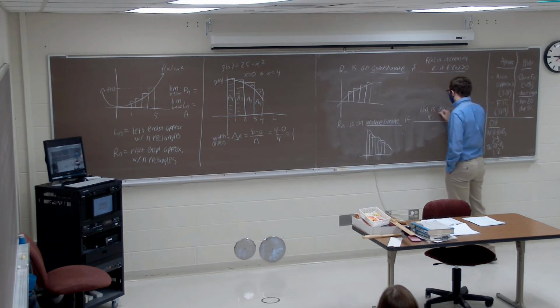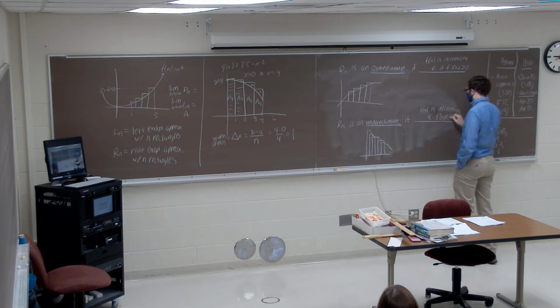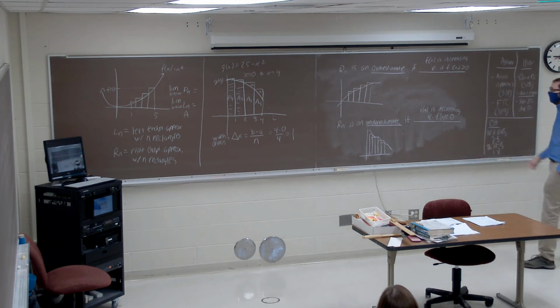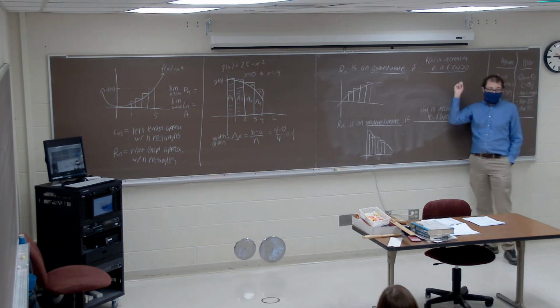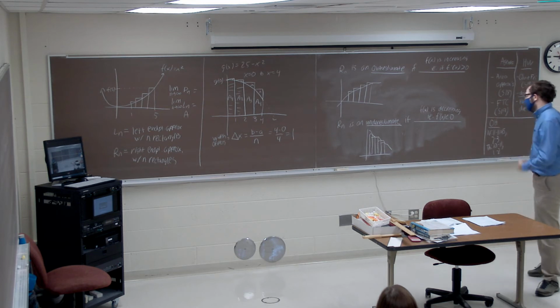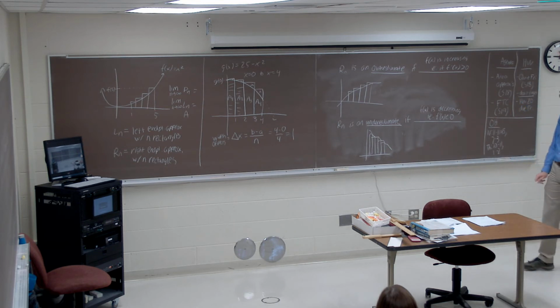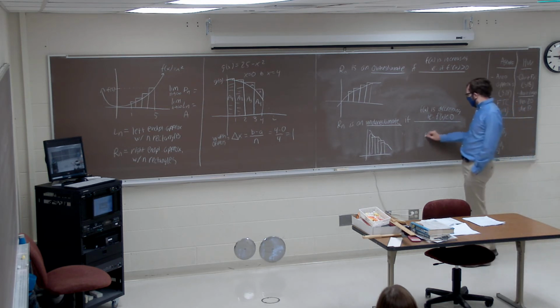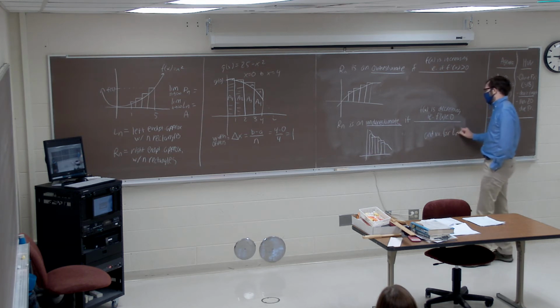If we have a decreasing function, meaning our derivative is negative over some interval, then R sub n will give us an underestimate. And if our function is increasing, meaning f prime is positive, any right endpoint approximation will always give us an overestimate. And we can say vice versa for L sub n.